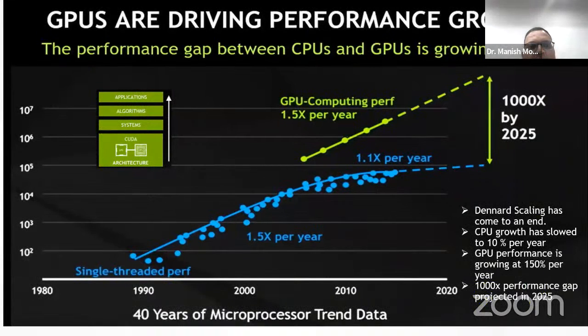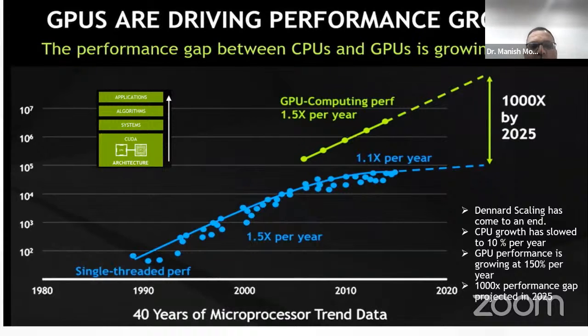Okay, so let's go back a little to how accelerated computing started. From 1990 onwards, every year the CPU frequency used to increase significantly, right? Every year we used to see say a 1.5x increase in the CPU, and all applications automatically got the speed up, meeting the expectation of early results.